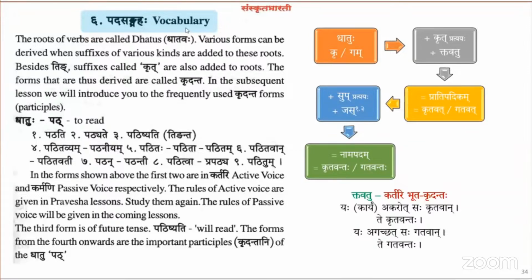The rules of passive voice will be given in the coming lessons. The third form is of future tense, pathishyati, will read. The forms from the fourth onwards are the important participles, kridantani, of the dhatu pat. Understood?